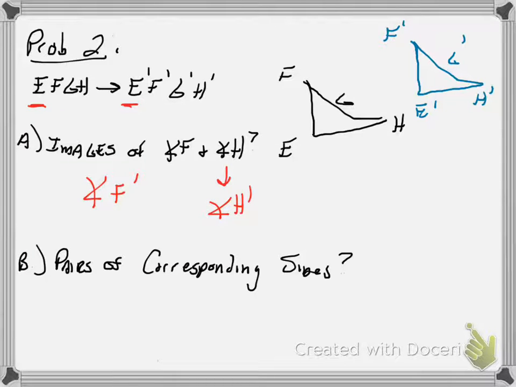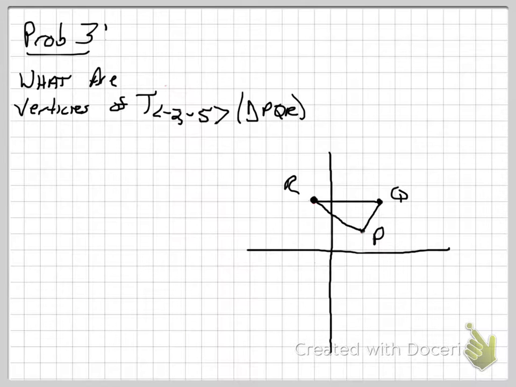Pairs of corresponding sides work the same way. EF matches up with E prime, F prime. Those are sides. FG matches up with F prime, G prime, and so on and so forth. I'm not going to bore you by running through the rest of those, but understand, it's the same concept as we just got done talking about.